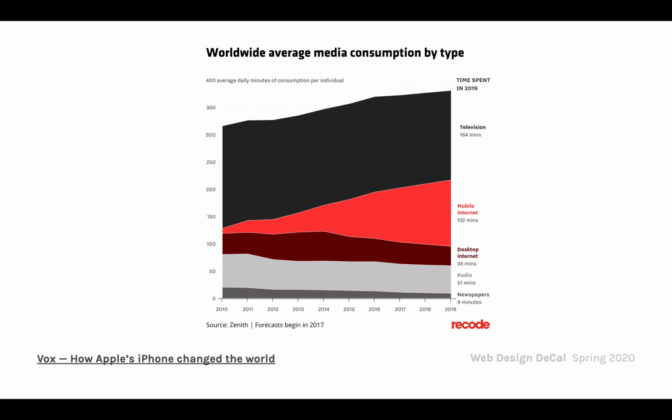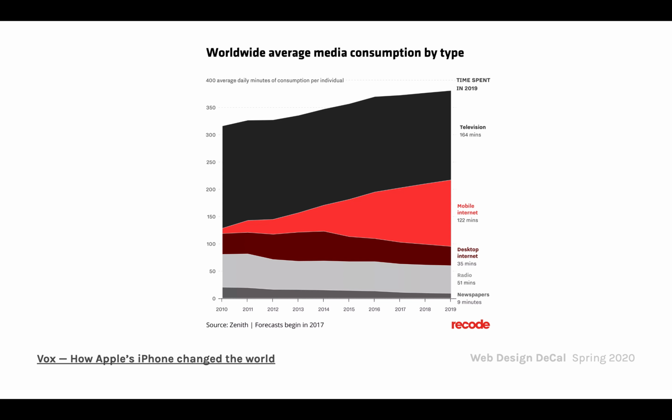So yeah, this is just a really quick graph from Vox, and it was an article about how Apple's iPhone really changed the world within the past 10 years. You can see now in bright red that mobile internet actually exceeds the amount of time spent on desktop internet. And if you're one of those people who get in the trap of scrolling across Instagram endlessly or Twitter, I completely understand.